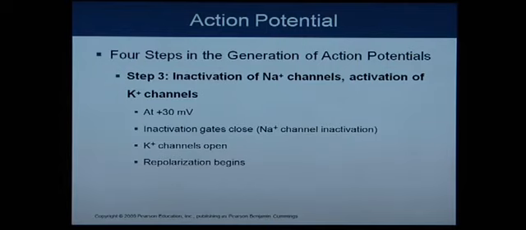So once we get up to about positive 30 after depolarization, sodium channels will close and potassium channels will open. And as the potassium floods out, this will cause repolarization. So repolarization going back towards negative in our transmembrane potential. So going back to checkpoint, negative 70 millivolts.